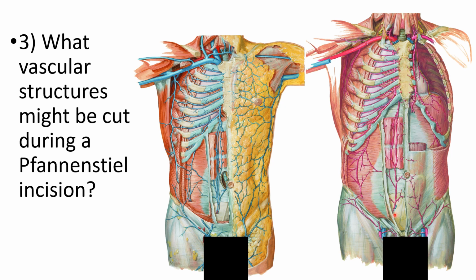And towards the medial side, you can identify another artery called the inferior epigastric artery. These are the major arteries. From the inferior epigastric arteries, the pubic branches are present in this region below the umbilicus and above the pubic hairline. You may cut any of these vessels, so you have to be careful while making this Pfannenstiel incision.